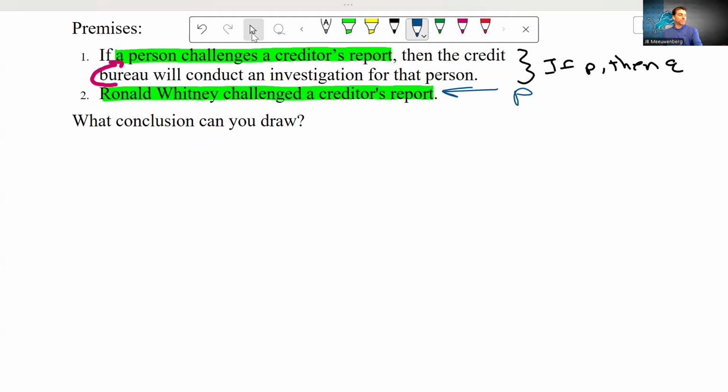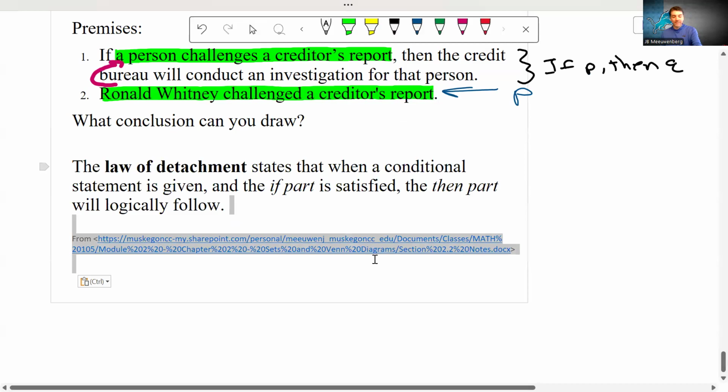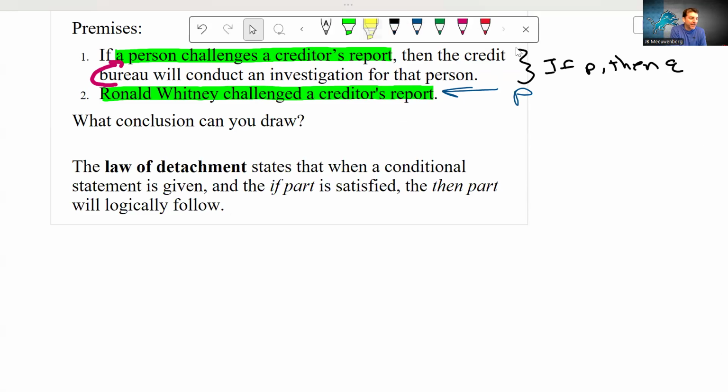I think this is a fun one. The law of detachment states that when a conditional statement is given and the if part is satisfied, right? The if part is the P. We say it's satisfied if another premise says so, then the then part will logically follow, right?